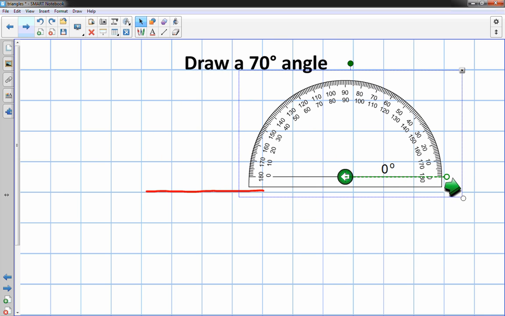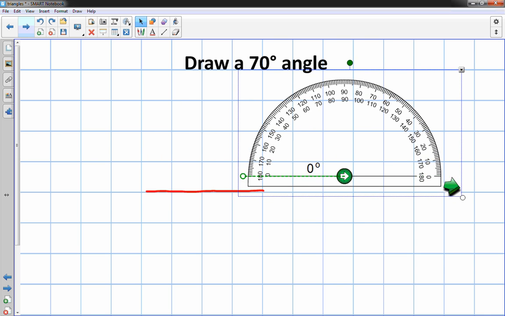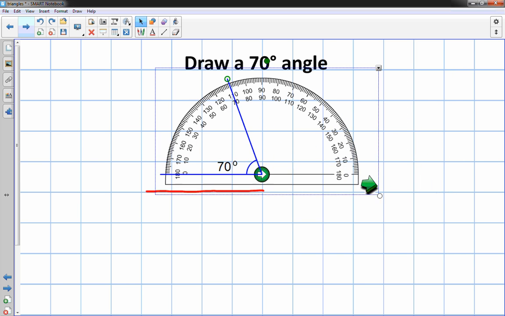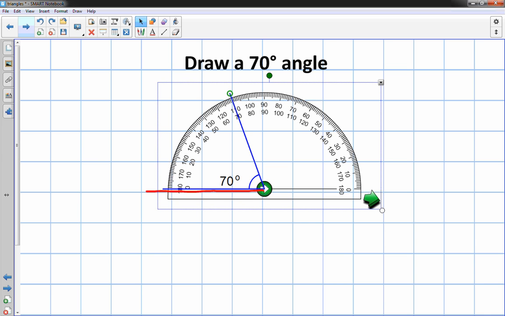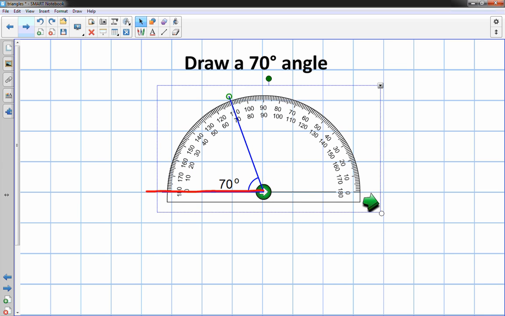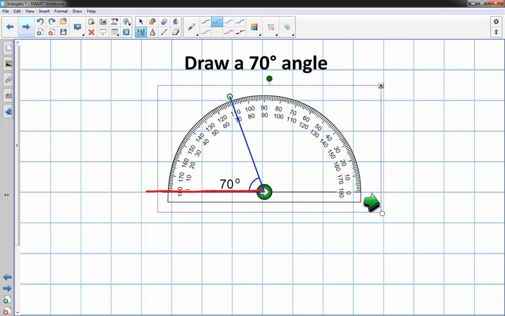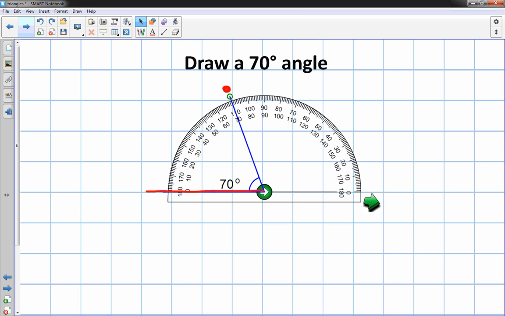And what I mean by that is I'm going to have my 70-degree angle go this way. So if I set this there, my bullseye there, best I can there. I'm going to put my dot right here on this side of my protractor.